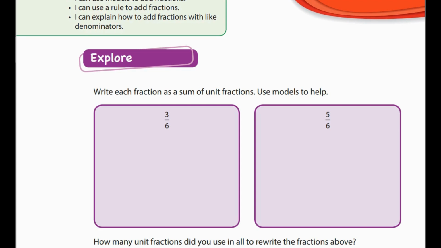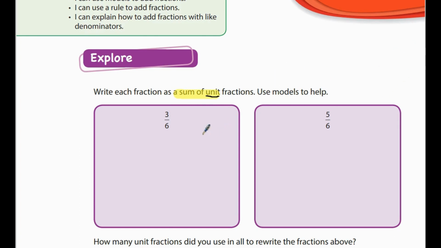So for lesson 7.3, let's take a look at our Explore. Here it tells us to write each fraction as a sum of unit fractions. Use models to help. There are two very basic things you need to remember for this lesson. It's telling you a sum of unit fractions. The key word we're looking for is units.